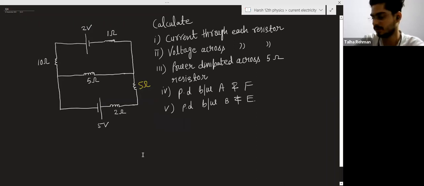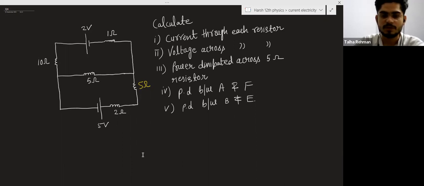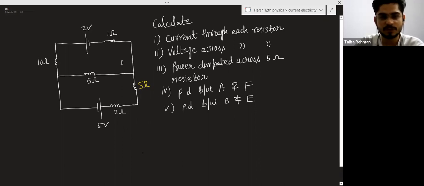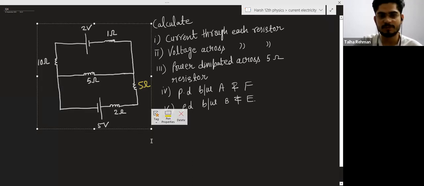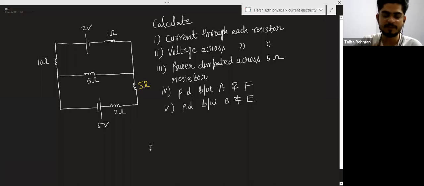We could solve it with the concept of series and parallel combination, but we cannot find that here. So we will apply KVL here. They are asking about this circuit.